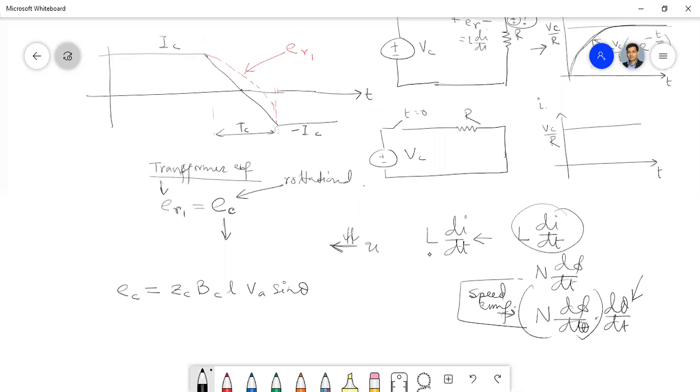So it is almost 90 degrees. So we can write the commutation voltage is, sin 90 is 1. So this is the voltage that can be developed in the coil going under commutation due to additional flux present at the commutation place. Any question?